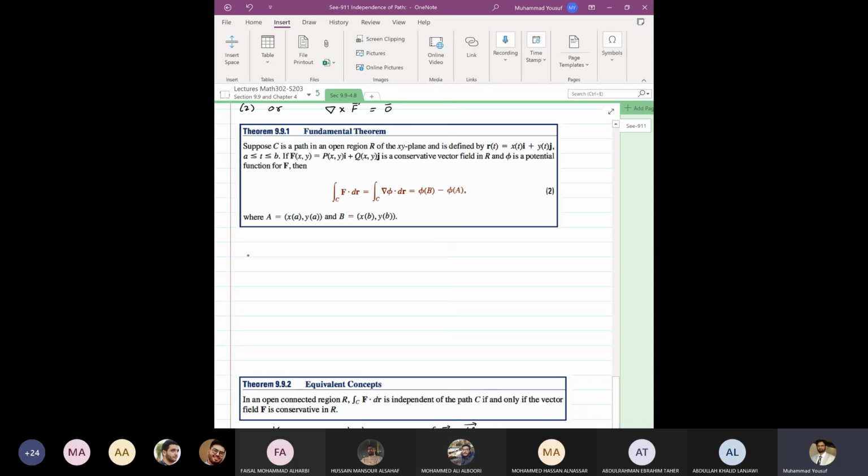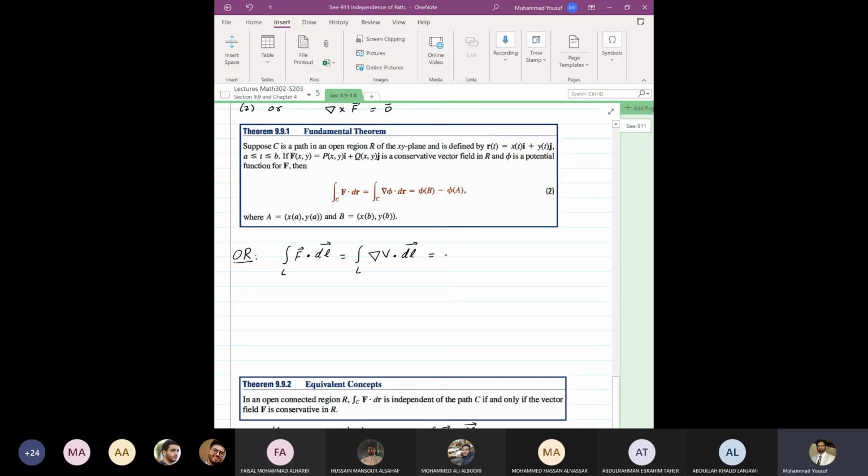With our notation, the integral of this vector field over L, because we are using F and dl, and you know that when F is conservative, by definition it is written as the gradient of a function V. So instead of phi we are using V: gradient V dot dl, and gradient V is a vector quantity, the gradient of a scalar function.